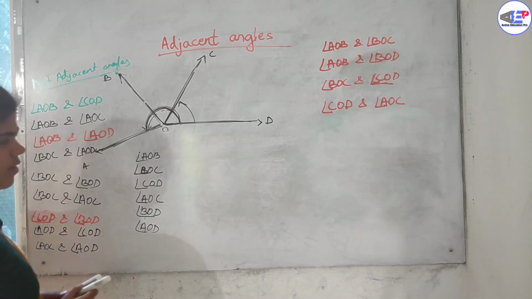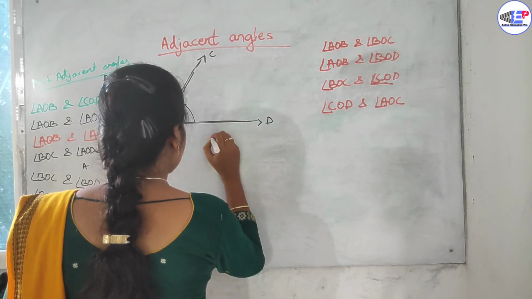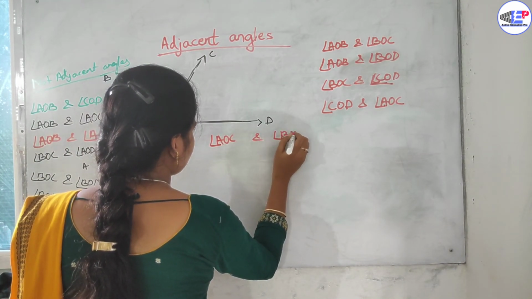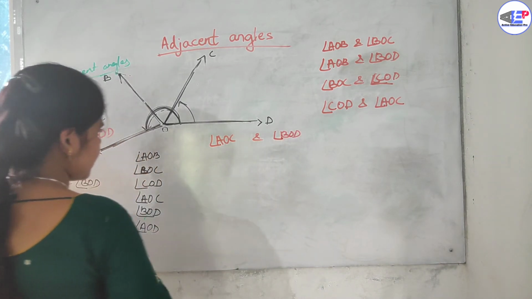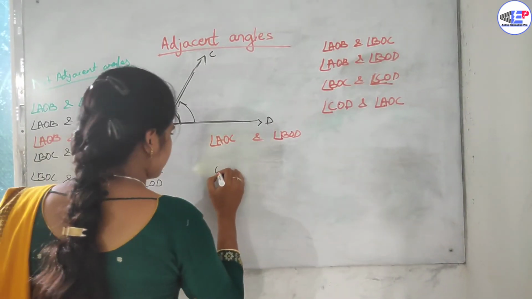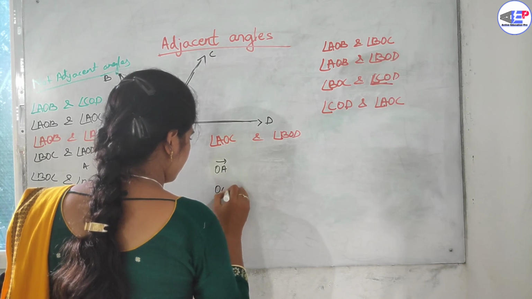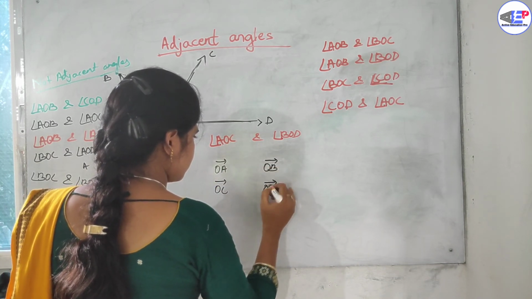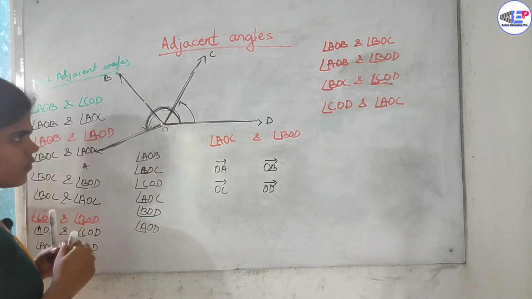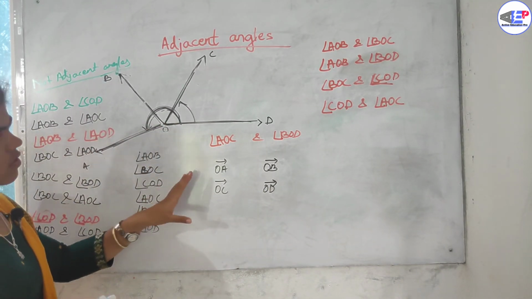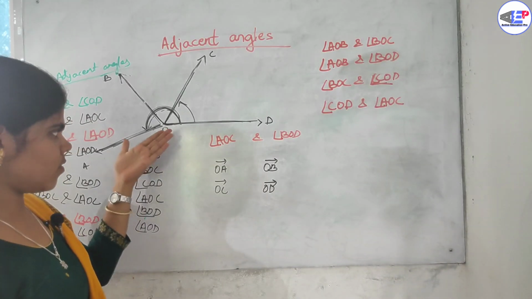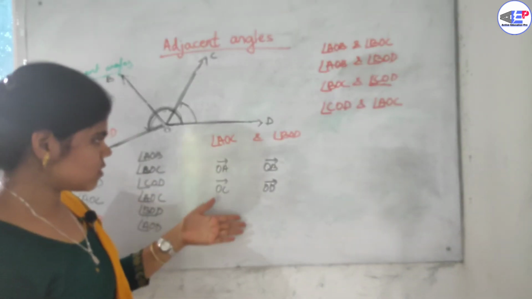Then the last pair in these two figures is AOC and BOD. As you know, to make the AOC angle and the BOD angle, we require OA, OC, OB and OD. Look here. As per the first condition to be a pair of adjacent angles, there is no common arm. Yes, there is a common vertex, this is O, but there is no common arm.